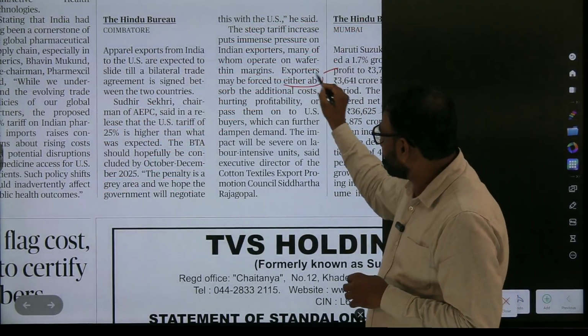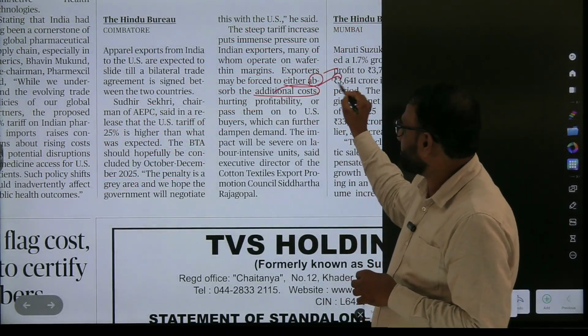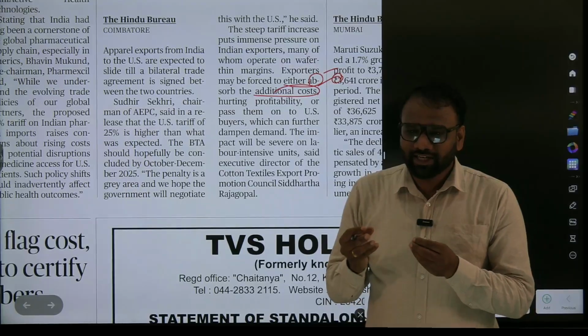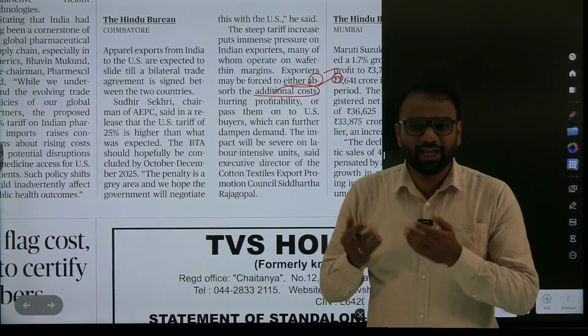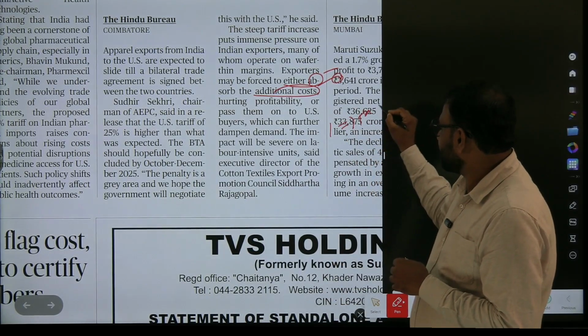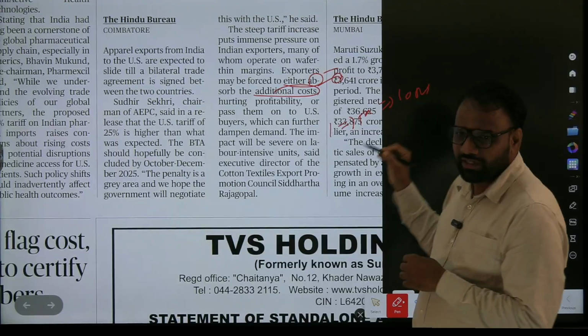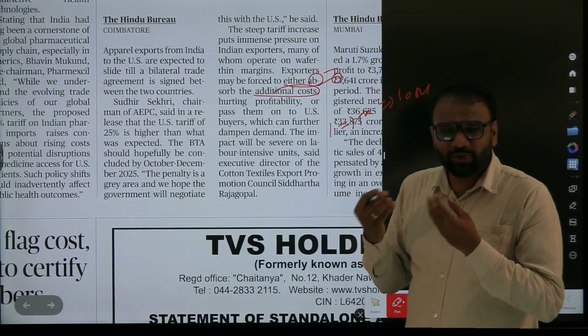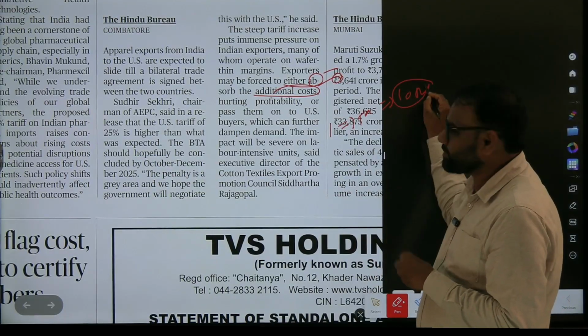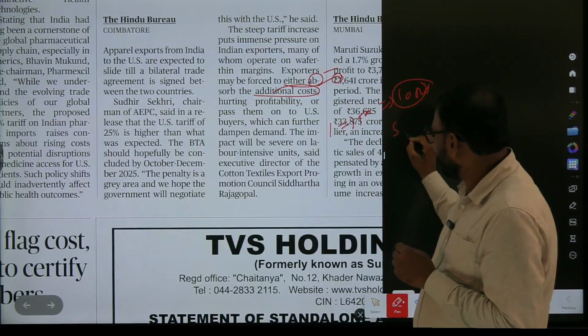Exporters may be forced to either absorb the additional costs, hurting profitability, or pass them on to the US buyers, which can further dampen demand. So there are two options for exporters. One is to absorb whatever extra taxes the USA government imposes. Previously, let's assume on one tablet he was getting 10 rupees profit; now, after absorbing the extra taxes, he is getting only 5 rupees.